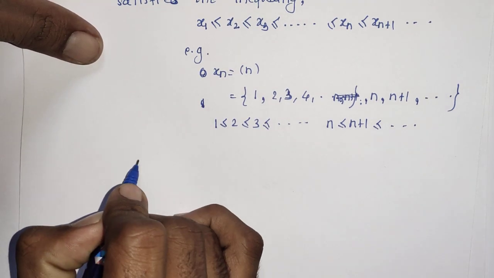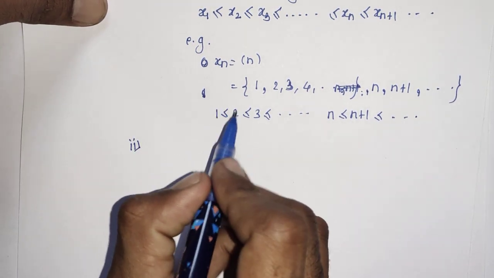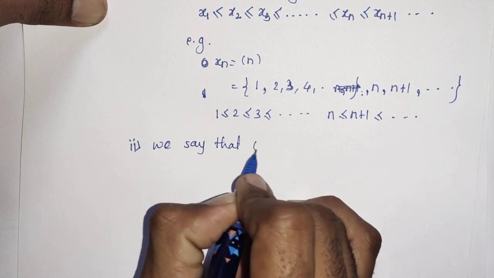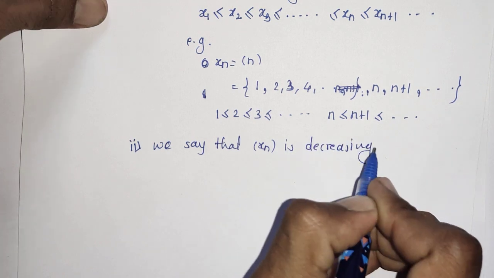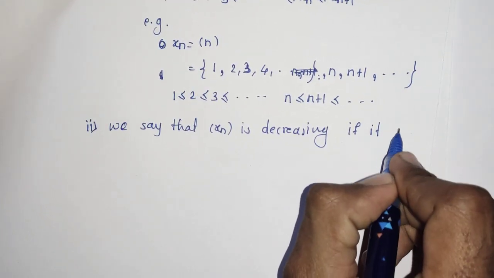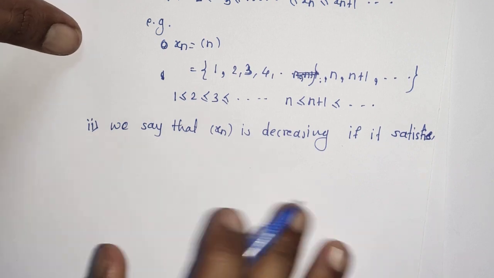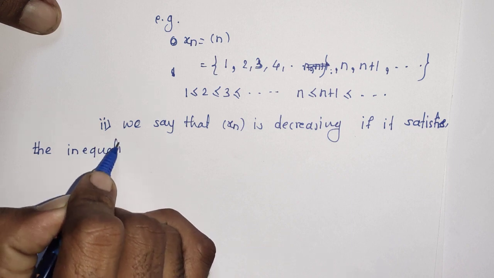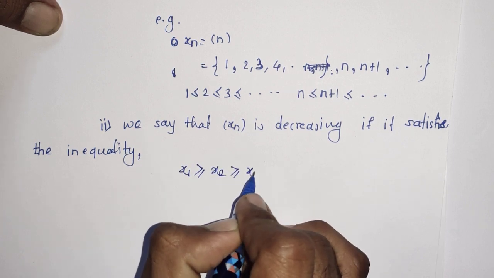Now the second definition is the decreasing sequence. We say that the sequence xn is decreasing if it satisfies the inequality x1 is greater than or equal to x2, which is greater than or equal to x3, and so on.